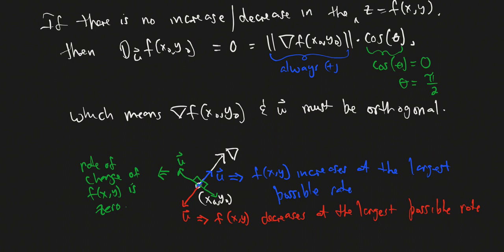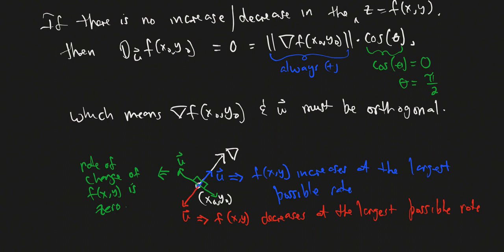So again, think of it this way. You're at a specific point and you have to make a decision: in what direction do I change x and y? If I want to get my function to increase as quickly as possible, then I'll move in the direction given by the blue vector. If I want to make the function decrease as quickly as possible, then I move in the red direction.